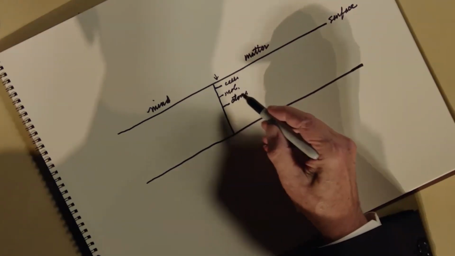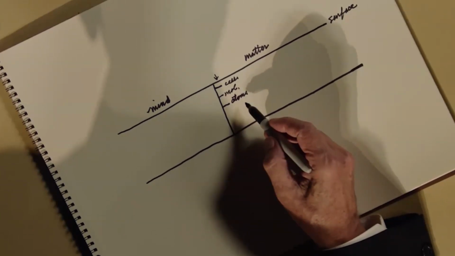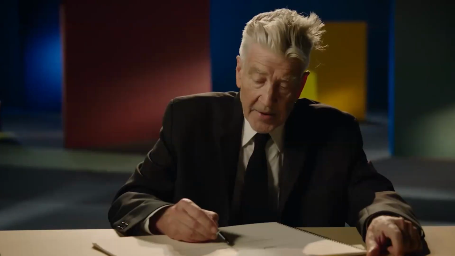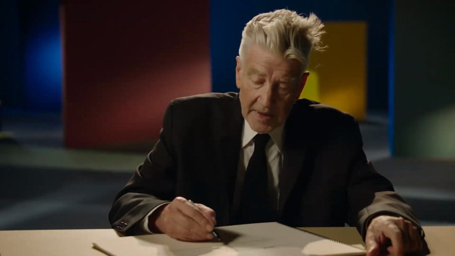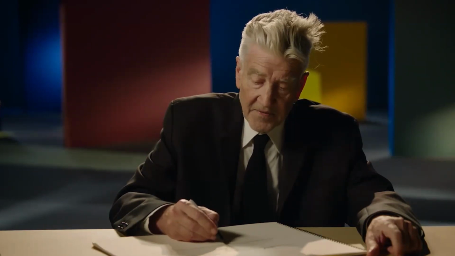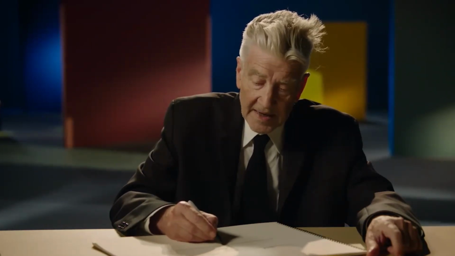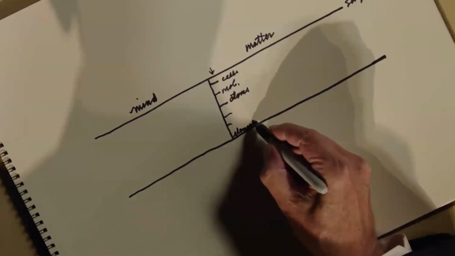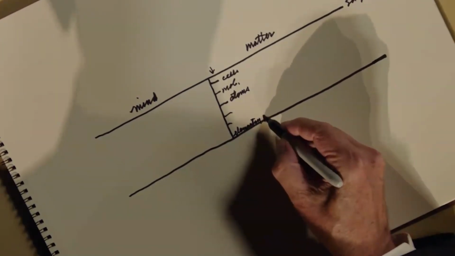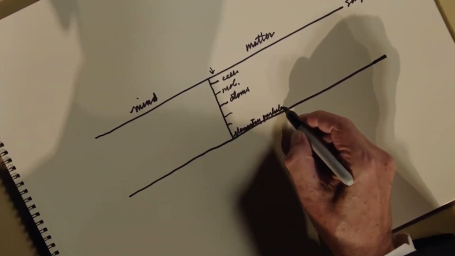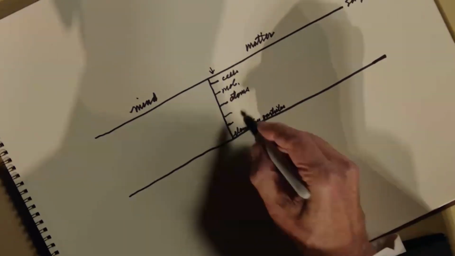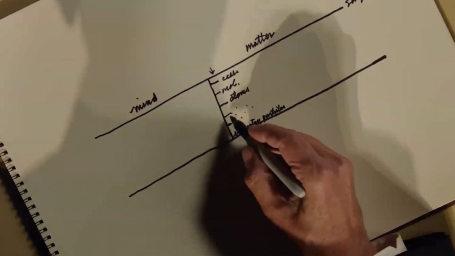For a long time, they thought the atom was the smallest particle. They went deeper and deeper, till they found what they call the elementary particles, the smallest particles in manifestation. All these subatomic particles in here, bosons, hadrons, quarks.